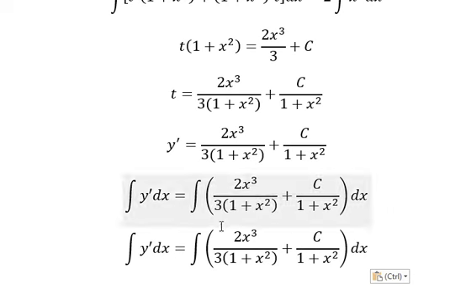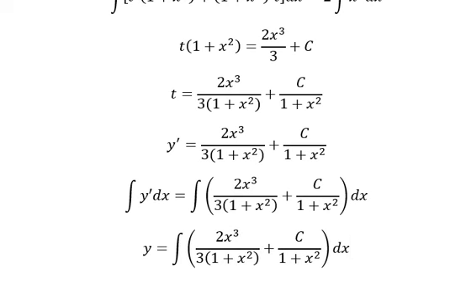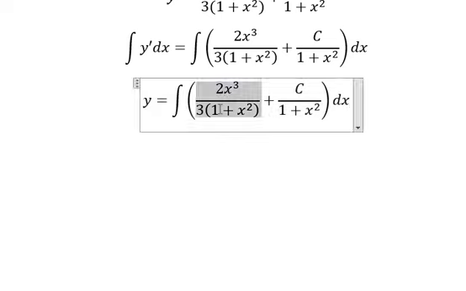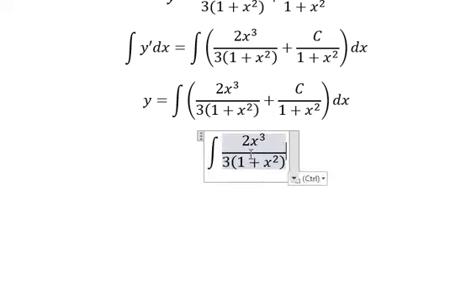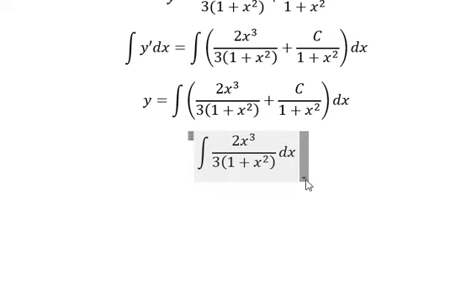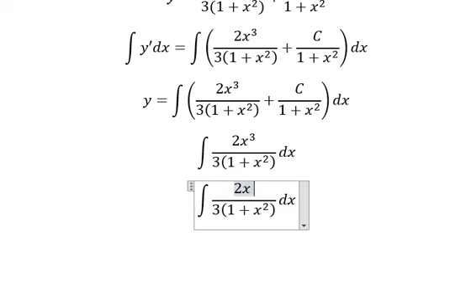So the integration of this one, we have y. Now I need to concentrate on this one. So we know that s to the power of 3 is s and s squared.